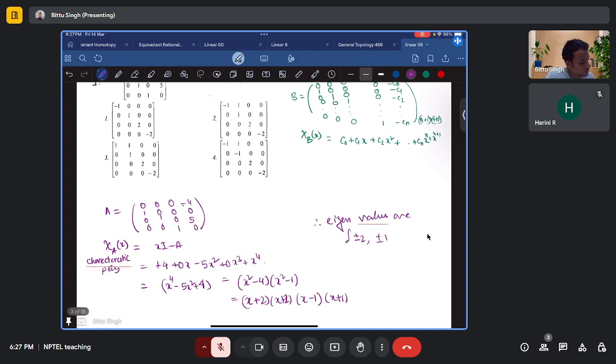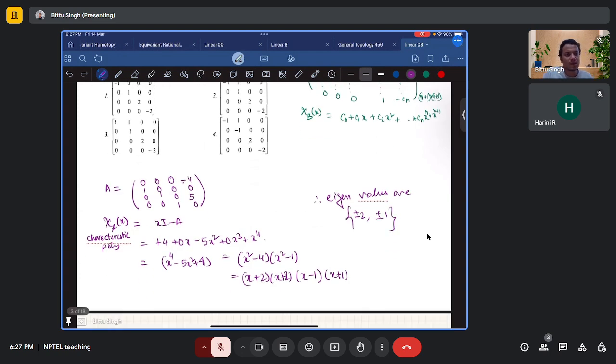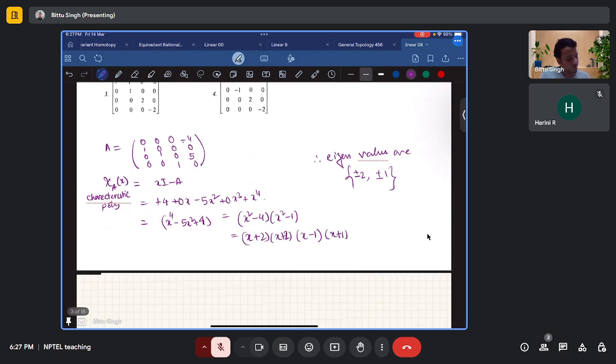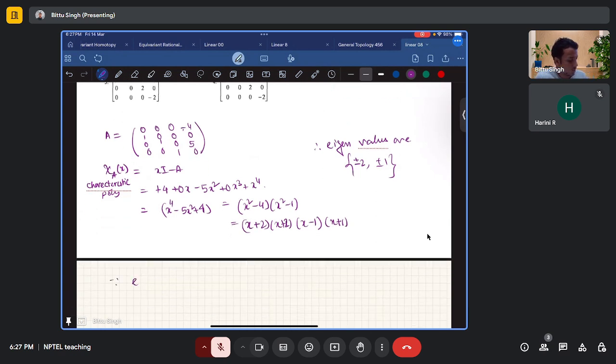Since those eigenvalues are distinct, therefore it must be diagonalizable, right? Because the eigenvalues are distinct, the geometric multiplicity and algebraic multiplicity are both 1 in this case.